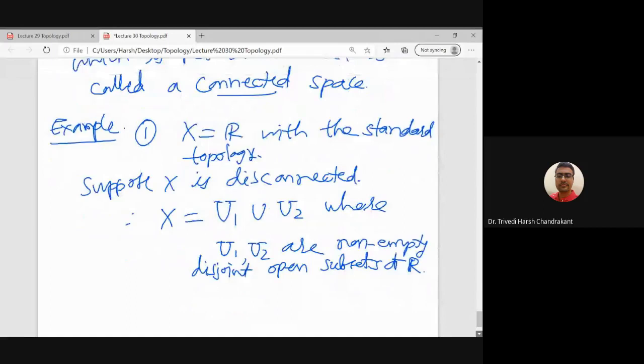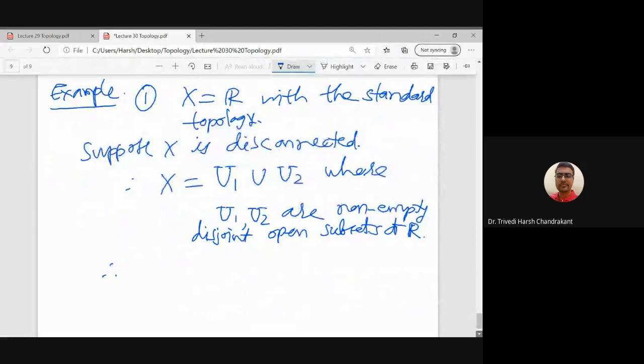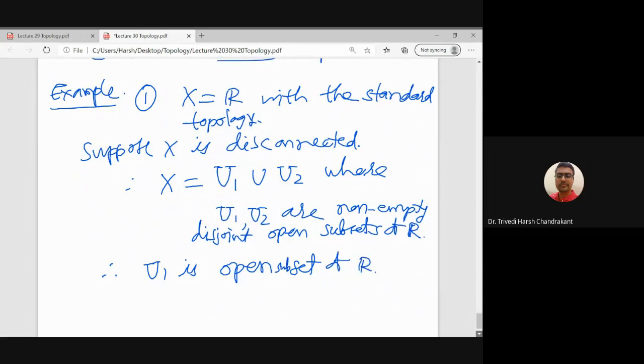So from that remark, U1 is an open set, one subset of R. And then we know from real analysis that if I have an open subset of R, it can never be a closed subset in the real line, right?